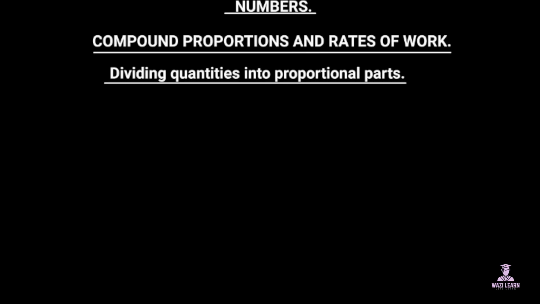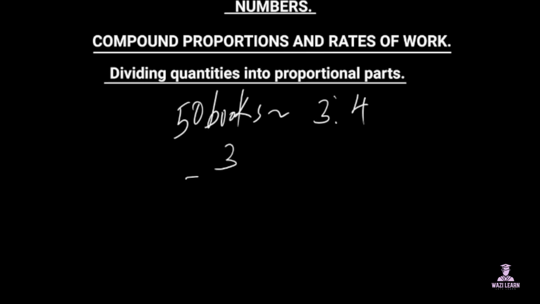So let's take a practical example. Let's say you have 50 books, and you want to divide these books in the ratio of 3 to 4. You'll take the individual ratio 3 and divide by the total number of proportions, which is 3 plus 4.